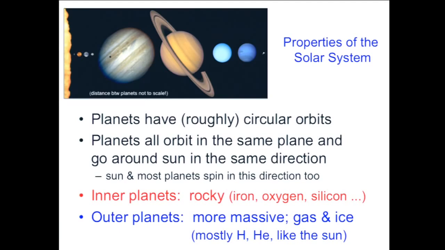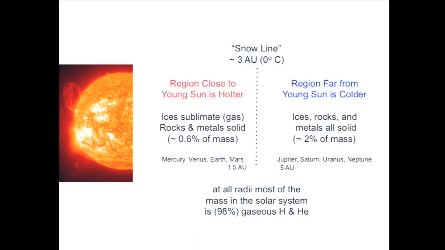The inner planets are rocks, they're iron and oxygen and silicon. The outer planets are generally more massive and they're made mostly of hydrogen and helium like the sun, and also a fair amount of ice.